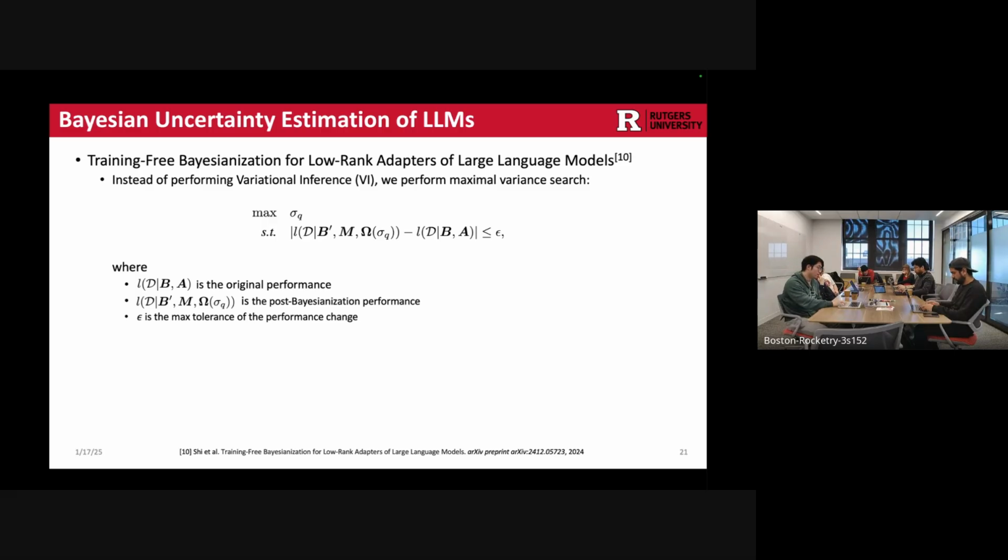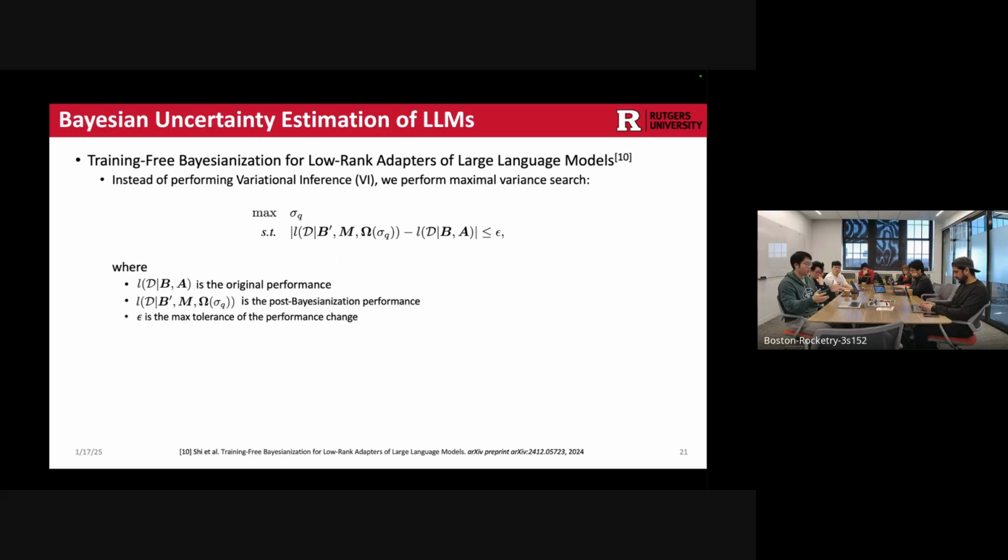So basically now you don't need to do the backpropagation. You probably have eight GPU cards, and you do this search in parallel, and you get all this performance after the Bayesianization. You just compare the difference between this and the original performance, and you can decide which sigma_q is the optimal one.